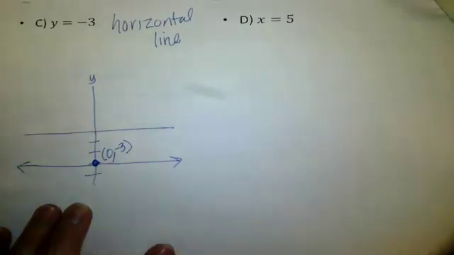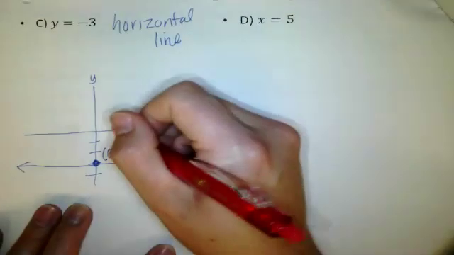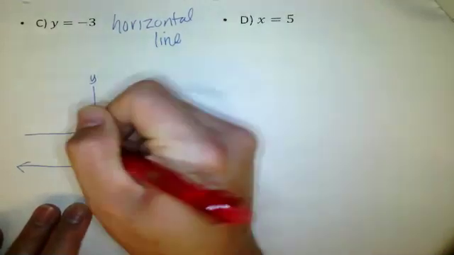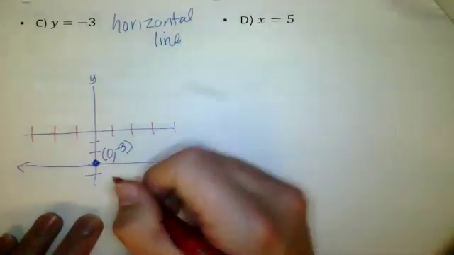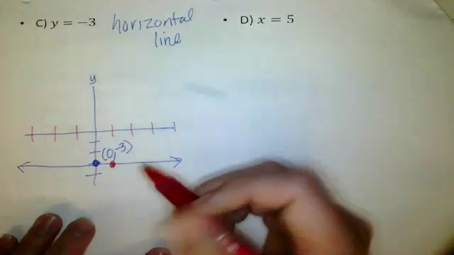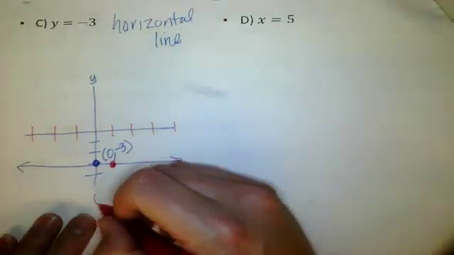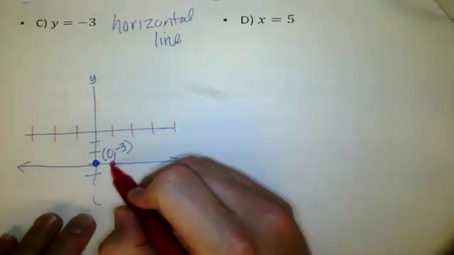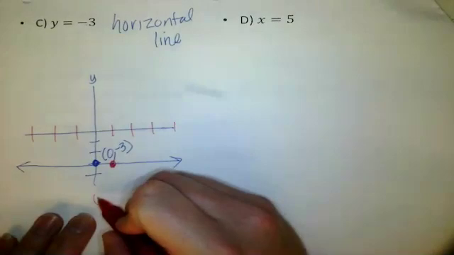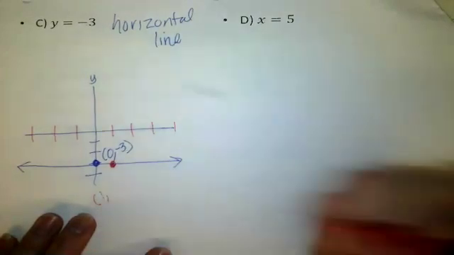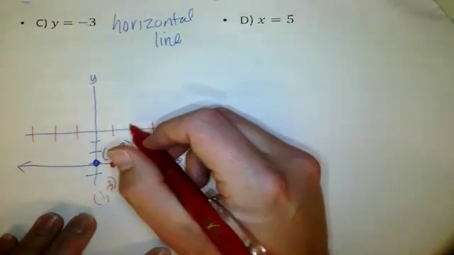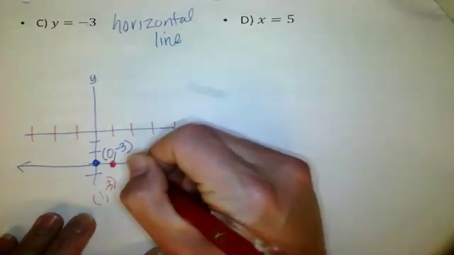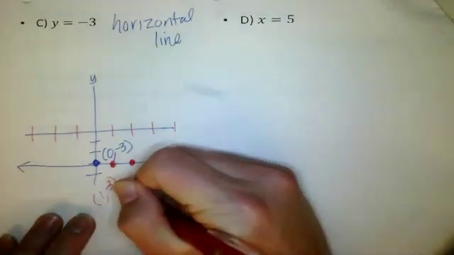But I want to talk about y. So if I put some other values on here, I want to know, hey, what's this point's name? What would you call this red point? 1, -3, right? And what's this red point's name? 2, -3.